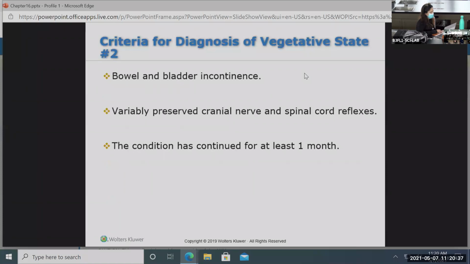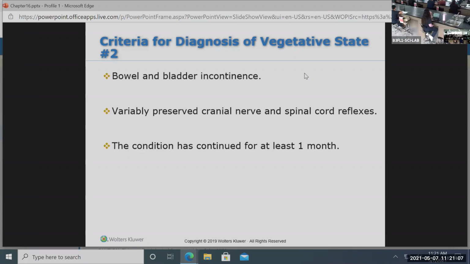Now, continue. Bowel and bladder incontinence. That's why it's so important for those patients with head injury: first thing they do is IV start and a catheter to get urine going. So, bowel and bladder incontinence.